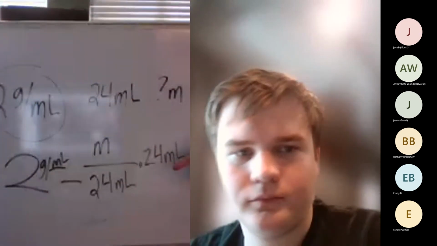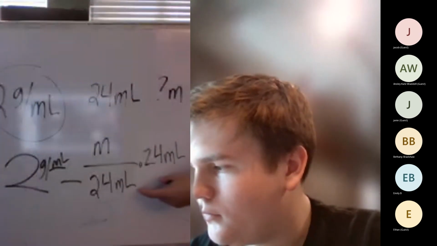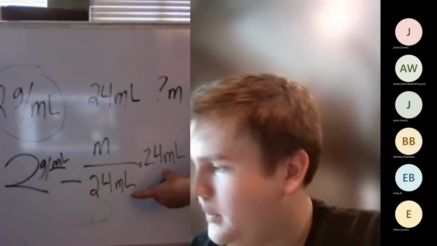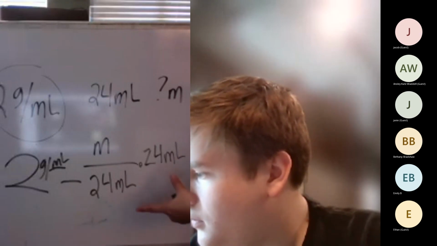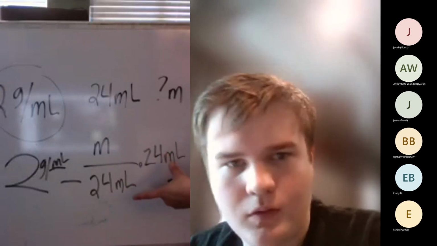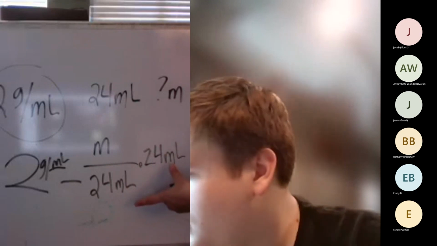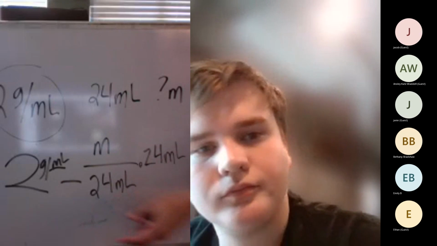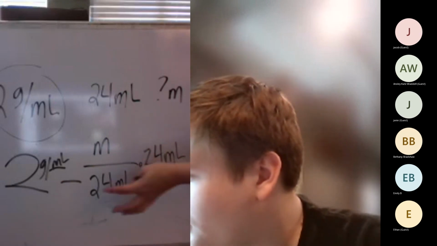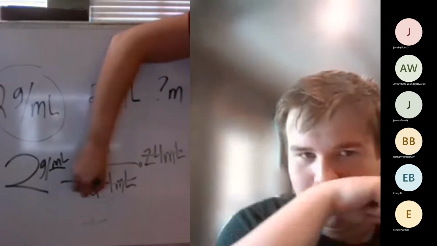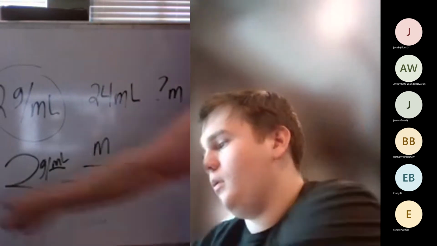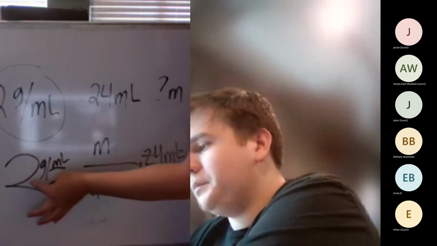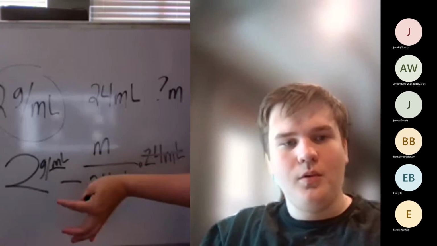And oh, look, I do that because I want the unit and the number to cancel out and to go poof from this side of my equation. We just saw that when we did unit conversions too, right? For something to go away and disappear, it's got to show up on the top and the bottom of my expression. So I multiply here. Both of those go away, and I'm left with 24 milliliters times 2 grams per milliliter.